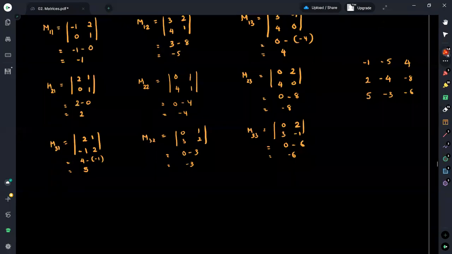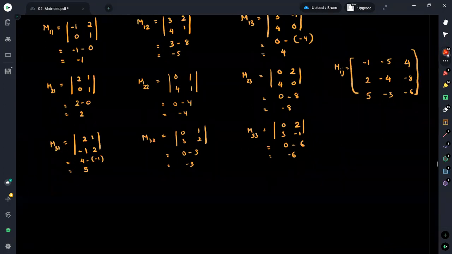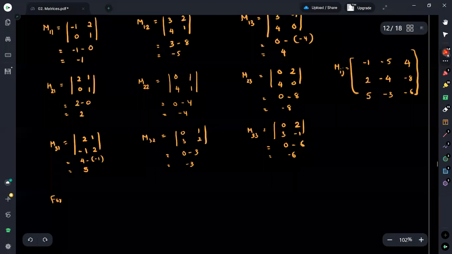So this is the matrix which includes the minors. We can say it is the matrix including these Mij's. Then what we can do is identify the sign pattern for a 3 by 3 matrix.